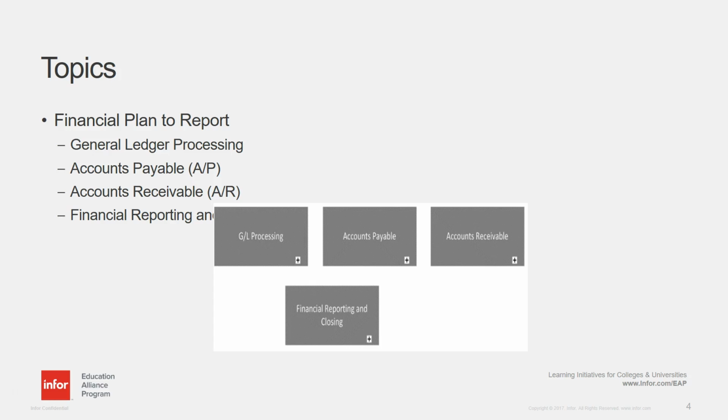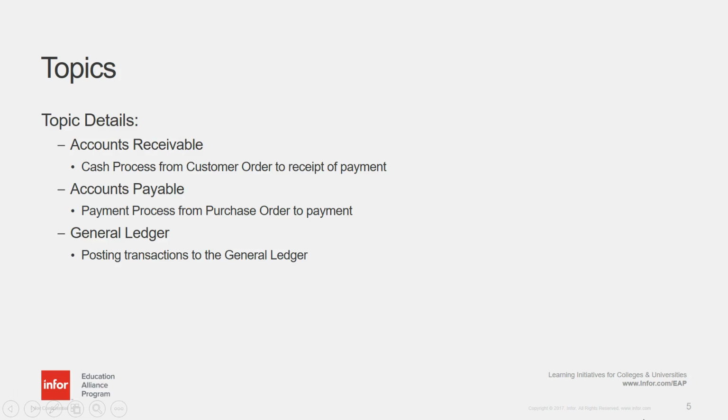There is General Ledger. All accounts payable and accounts receivable transactions are written to a distribution journal first, and then from the distribution journal, they are written to the general ledger.